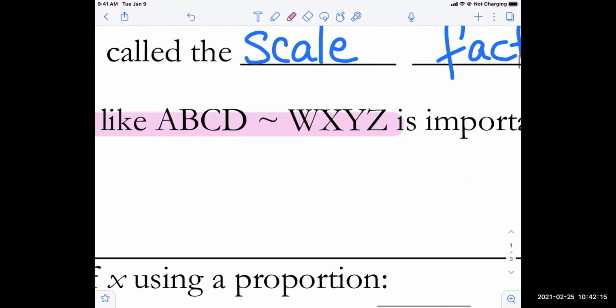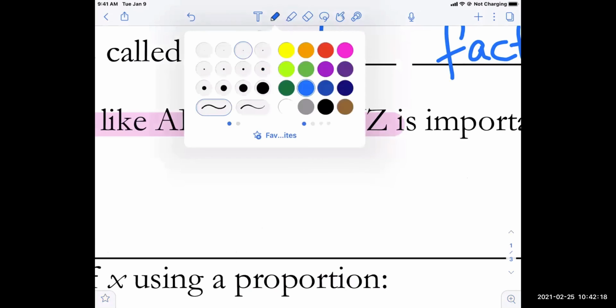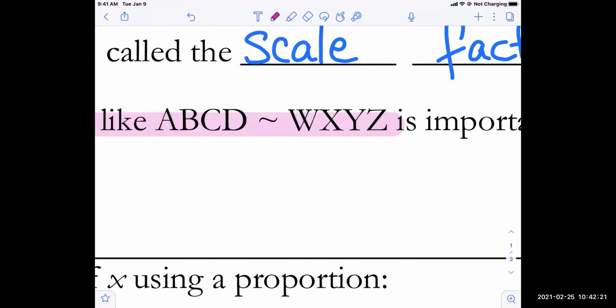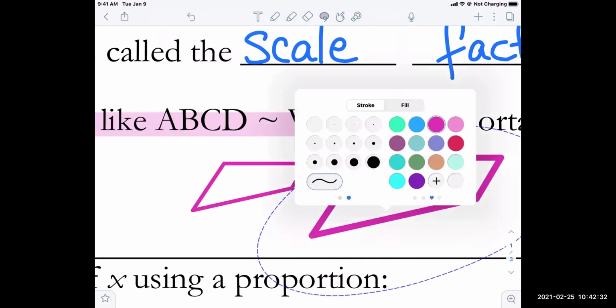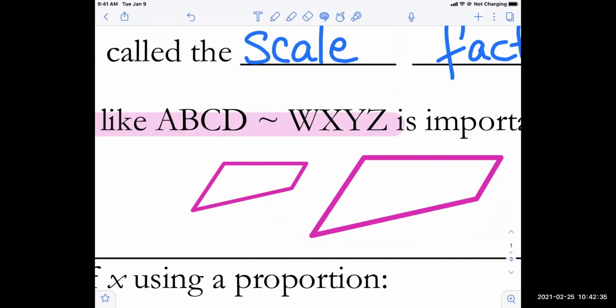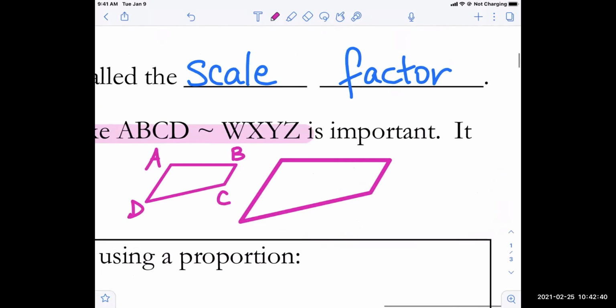So if I tell you ABCD is similar to WXYZ, that means when you draw ABCD, I'll make that one look like it's bigger, and label this ABCD, A has to go with W, B has to go with X, and C has to go with Y.